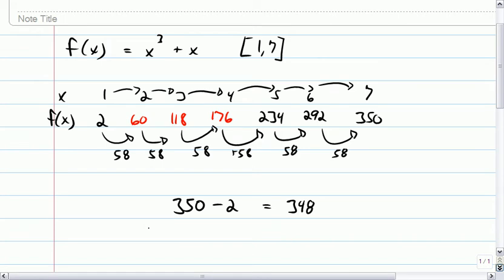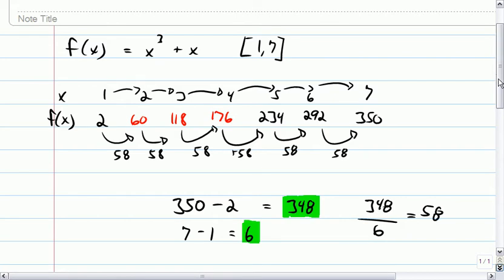And I started with an x of 1 and ended with an x of 7, so 7 minus 1 is 6. So in 6 increases, I want to cover this gap of 348. Well, if you divide 348 by 6, it'll tell you what you need to add every time. 348 over 6 is 58.